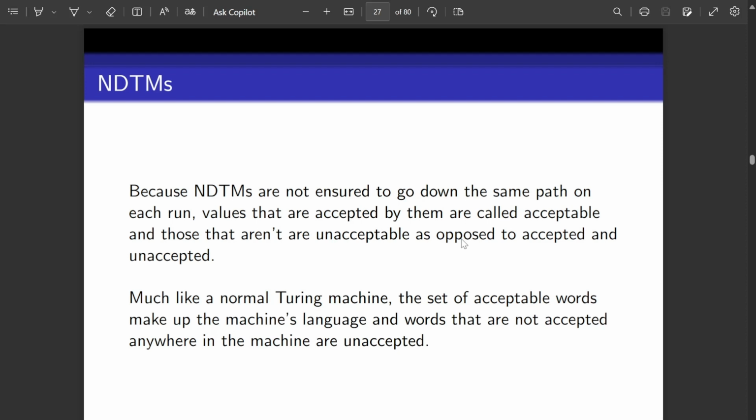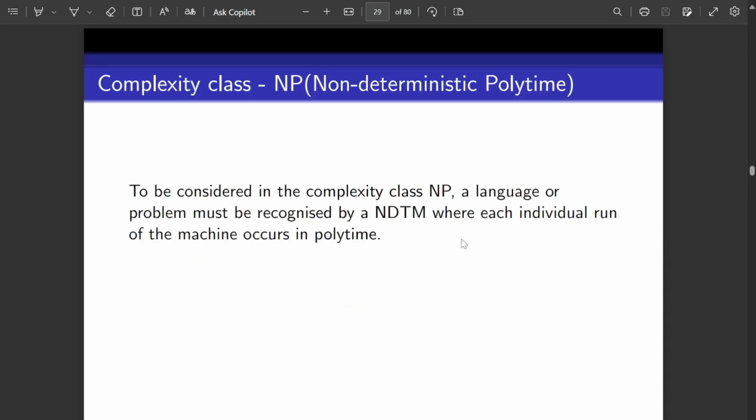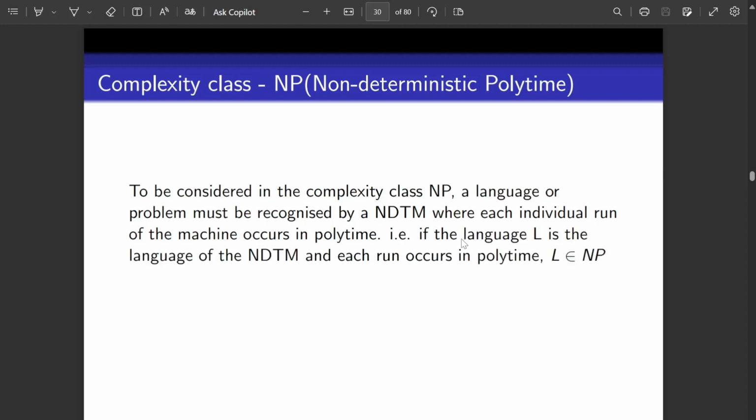So despite the choose function, non-deterministic Turing machines can still recognize languages. Which leads us to the NP complexity class. To be considered in the complexity class NP, a language or problem must be recognized by a non-deterministic Turing machine where each individual run of the machine occurs in polytime.